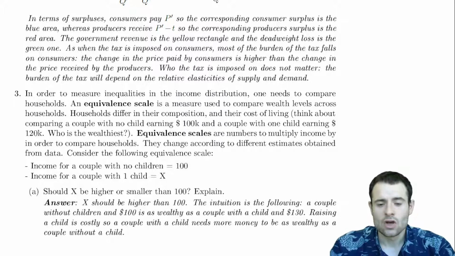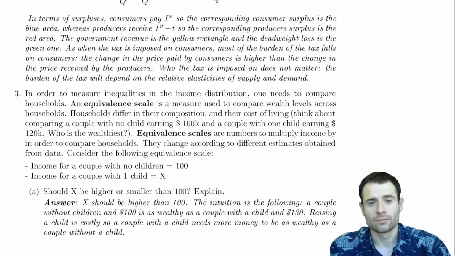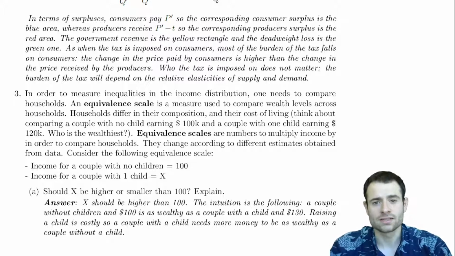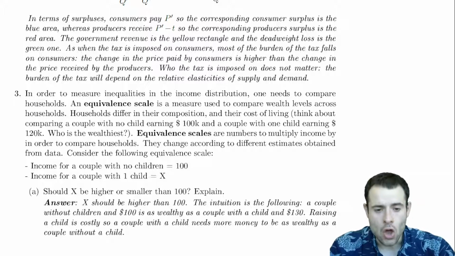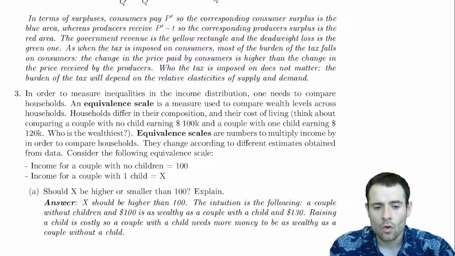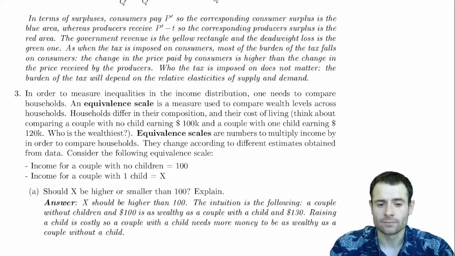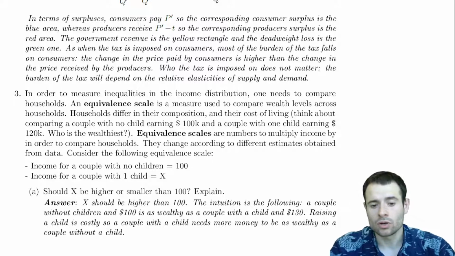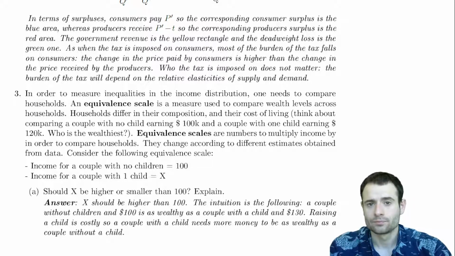So let's say that we consider the income for a couple with no children to be 100. It's not a dollar, it's an index. It is our base. If a couple with no children gets the number 100, a couple with one child, what number should it get? Here it's x. Should x be higher or smaller than 100?